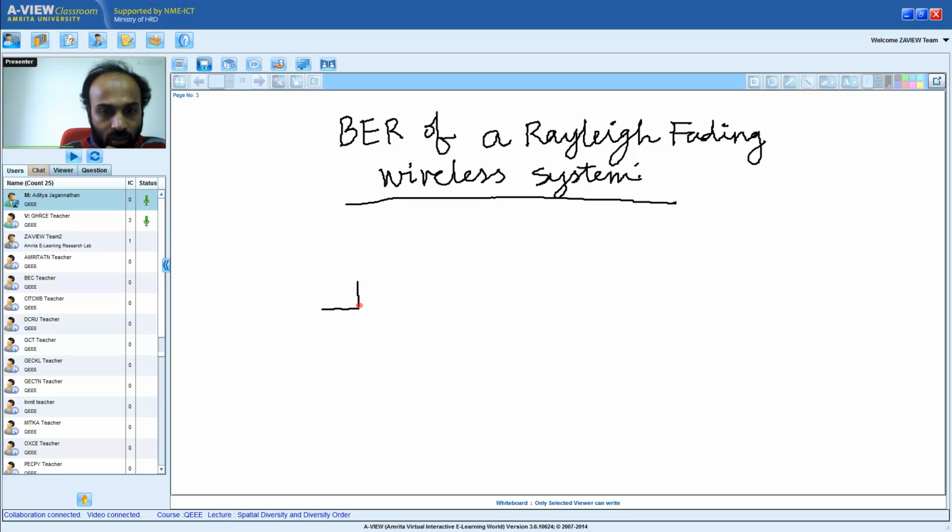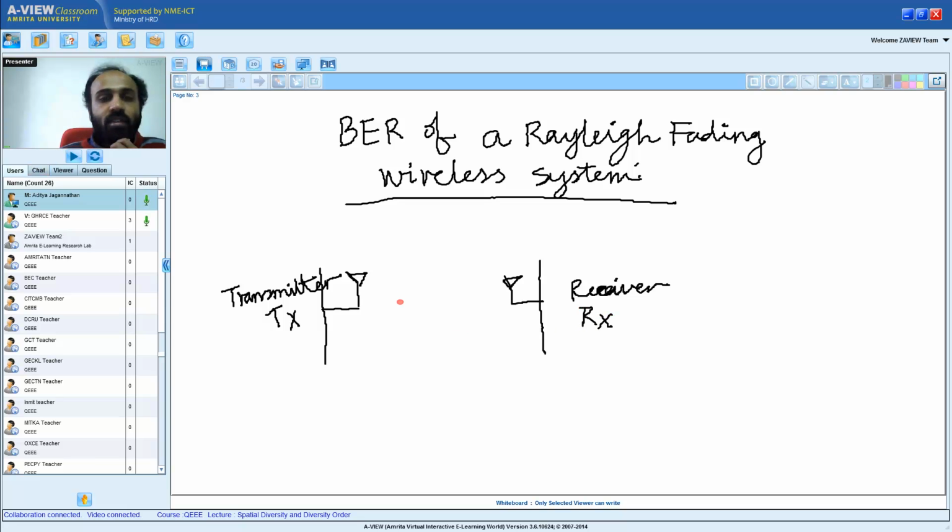Now let us say we consider a Rayleigh fading wireless communication system. This is the transmitter and this is the receiver, also denoted by TX and RX.